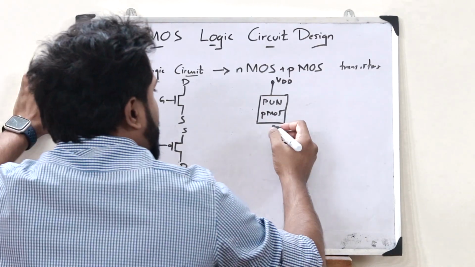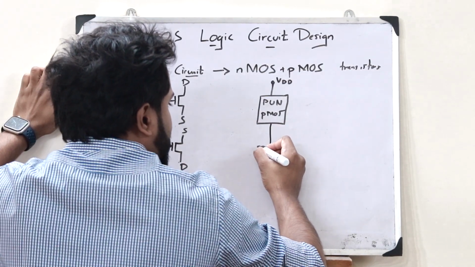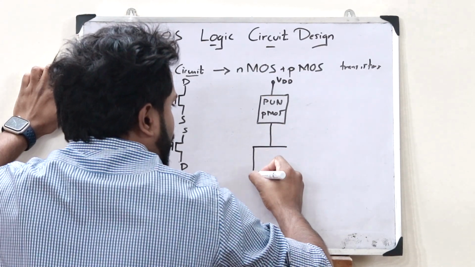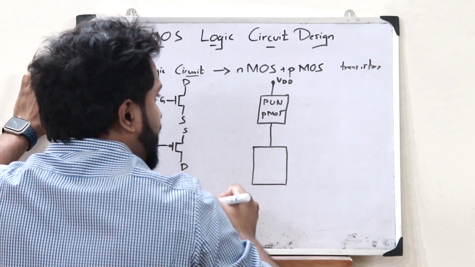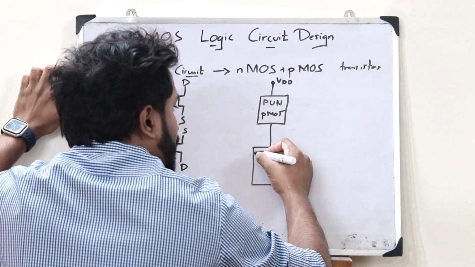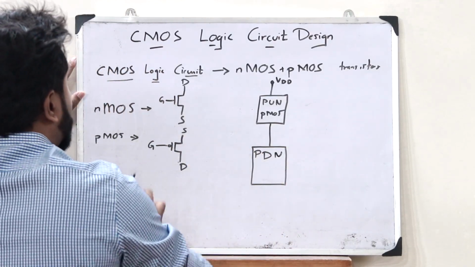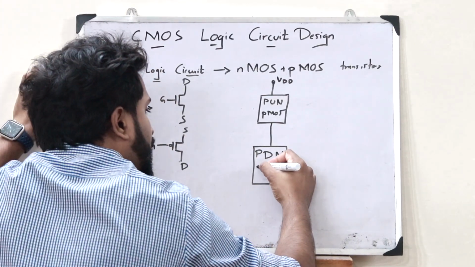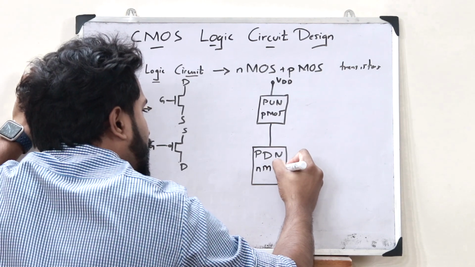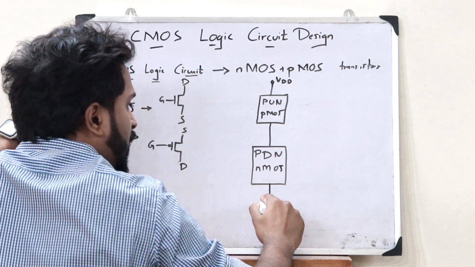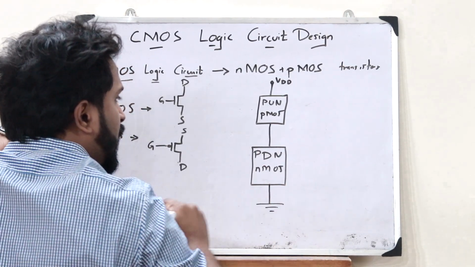From this, it is connected to another set of transistors over here, which is referred to as the pull-down network. This pull-down network is made up of NMOS transistors, and this is now connected to the ground.